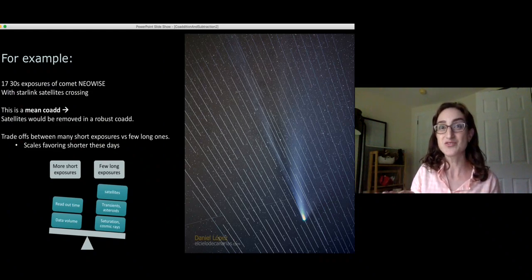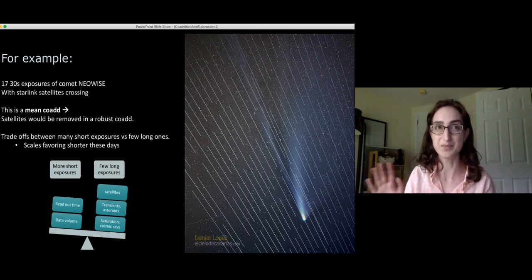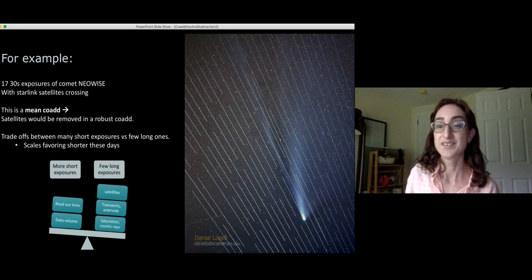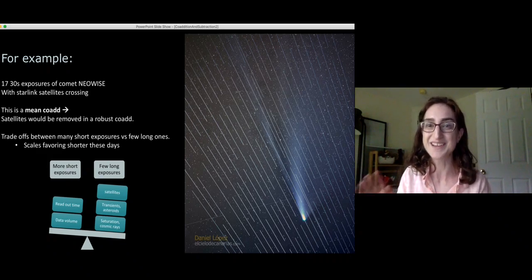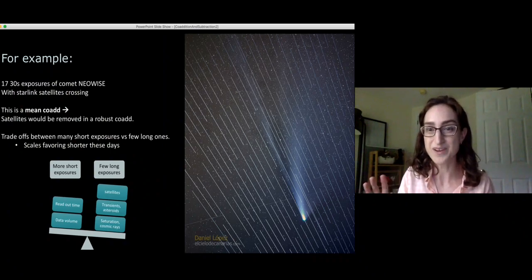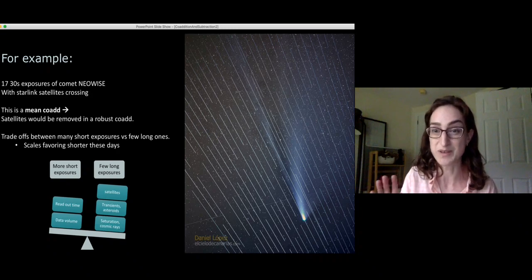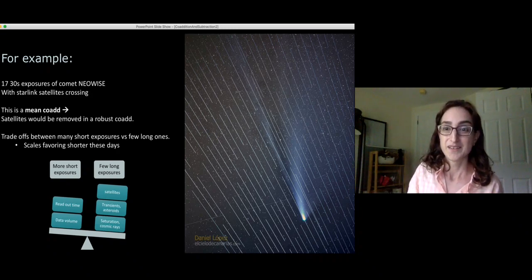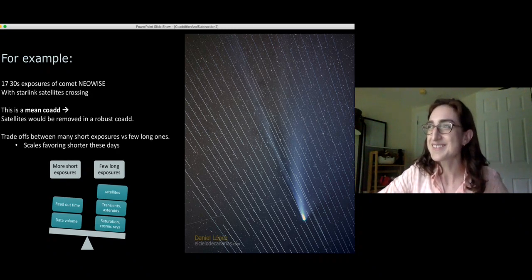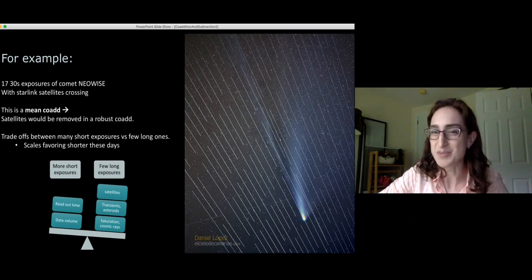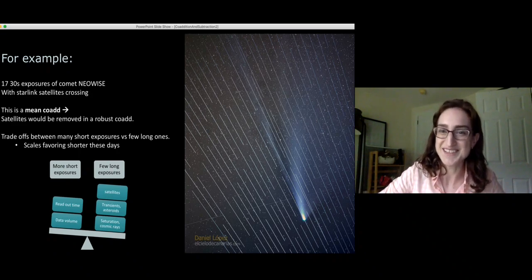If you had made a robust coadd, like a median, for example, the satellite trails would have been completely removed. Not a problem. So the photographer totally did the right thing by taking many short exposures, because otherwise, if he took one 8-minute exposure, the satellite trails would have been impossible to remove. So, okay, so many short exposures are good because of satellites and transients and saturation.